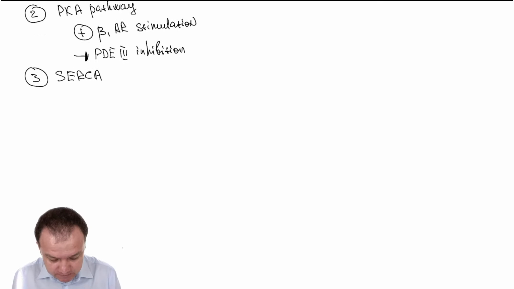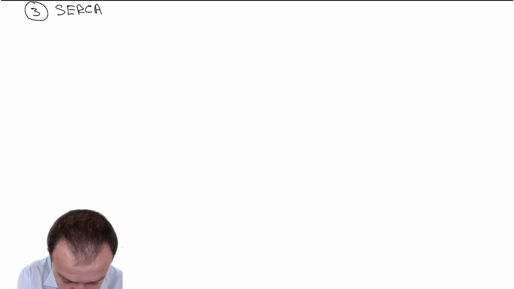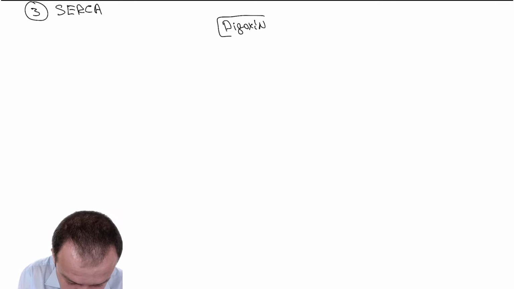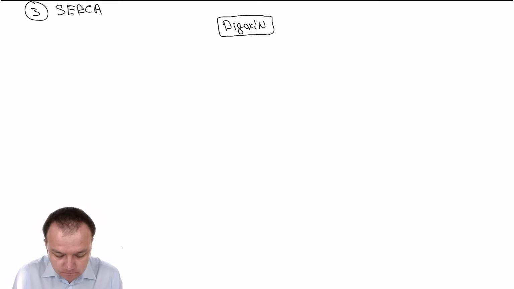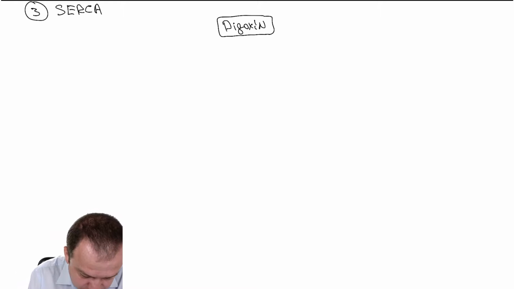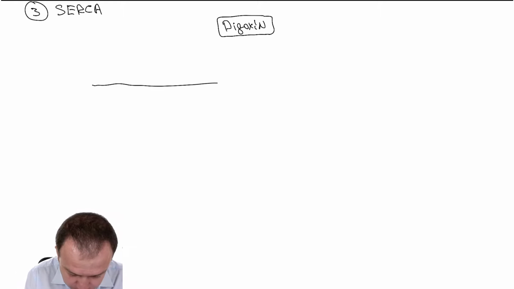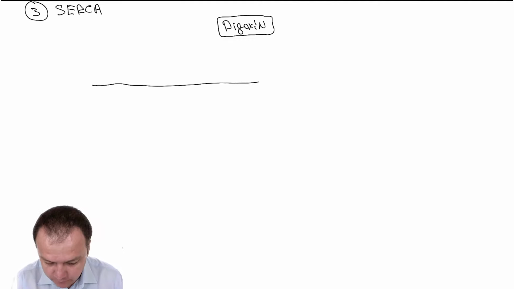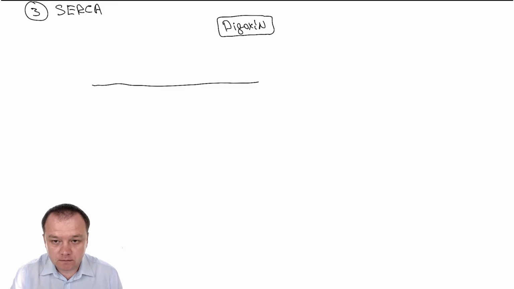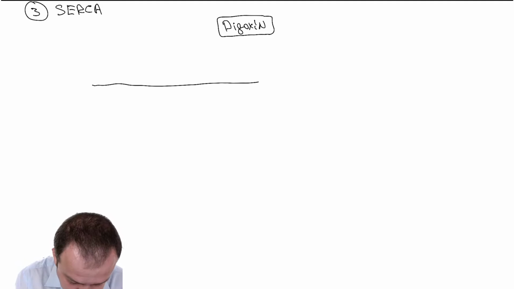So let's discuss a little bit digoxin in order to better understand effects, inotropic, chronotropic effects, and this Sarco pump. So what is the mechanism of digoxin? We know that cardiomyocytes, they getting calcium from outside, yeah, from outside as a major source of calcium, and we have a specific pump.